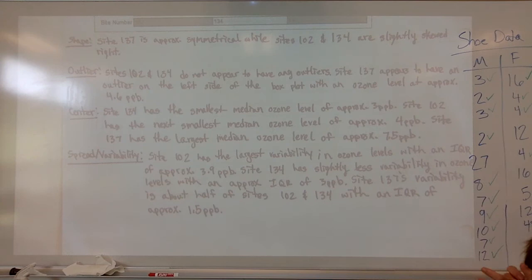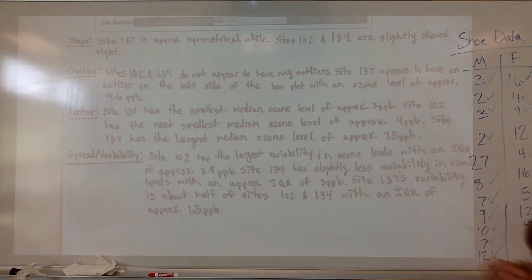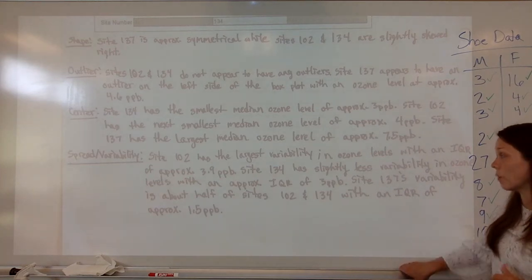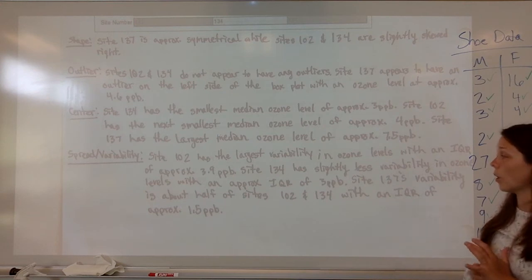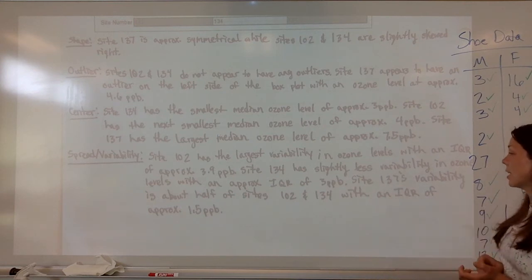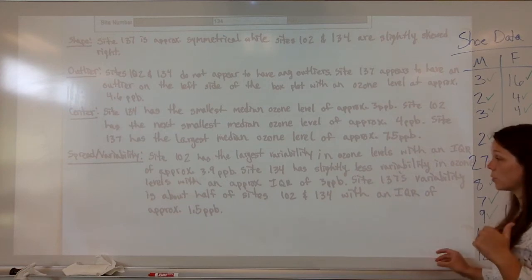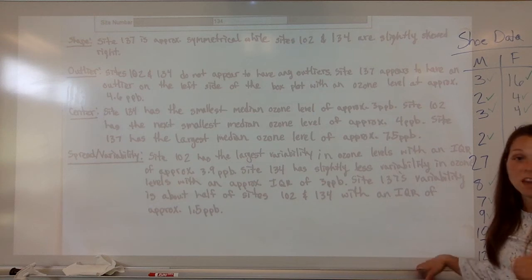Spread and variability. Site 102 has the largest variability in ozone levels with an interquartile range of approximately 3.9 parts per billion. Site 134 has slightly less variability with an IQR of 3 parts per billion. And then I said site 137's variability is about half of sites 102 and 134 with an IQR of approximately 1.5 parts per billion.